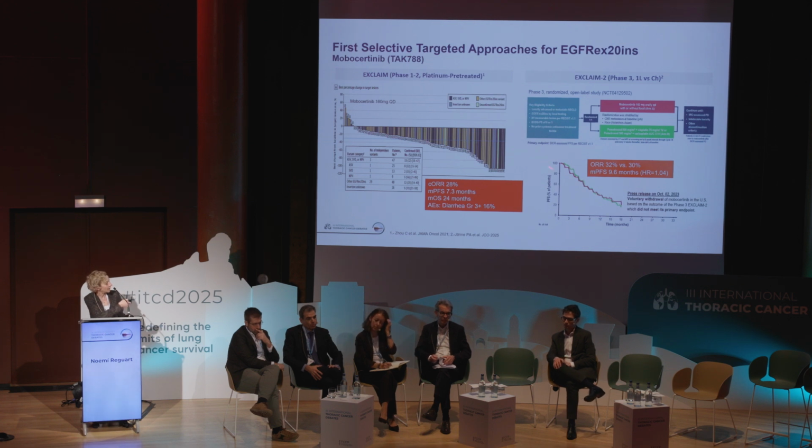You can see that the PFS was exactly the same, and the trial did not meet its primary endpoint as it did not cross the specific futility boundary. So unfortunately, this drug was finally withdrawn from the market. That was a company decision, although the drug was active as monotherapy in the second-line setting.